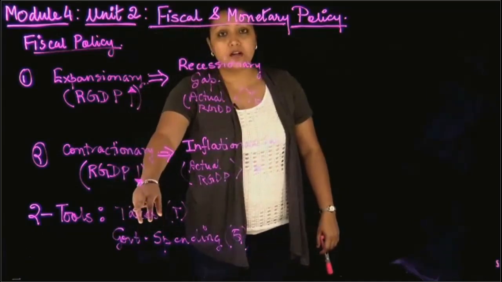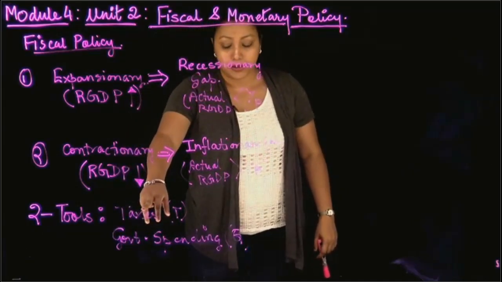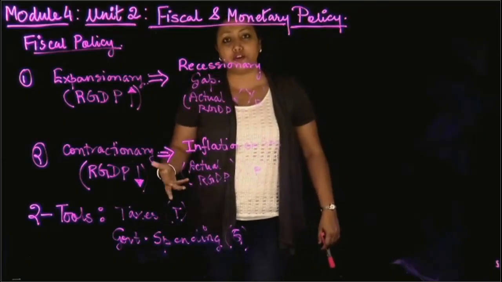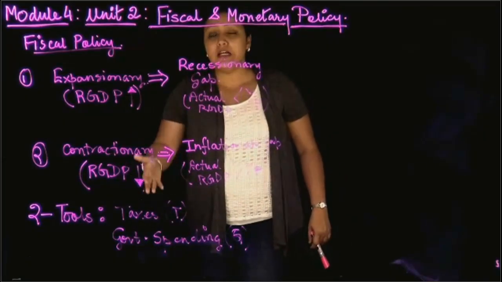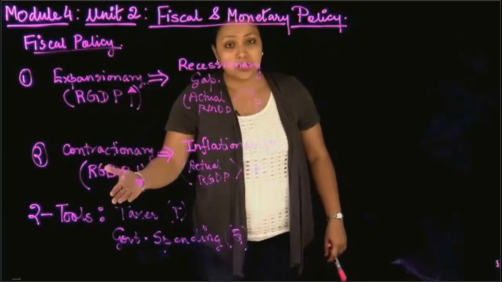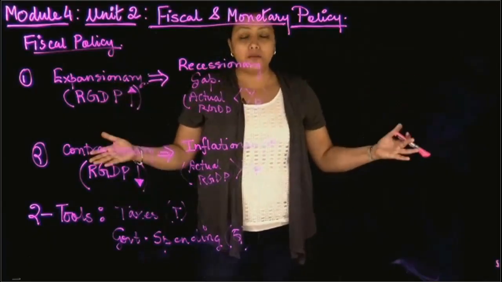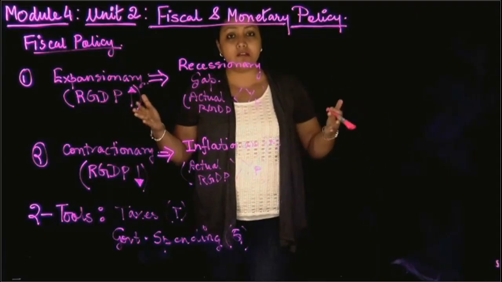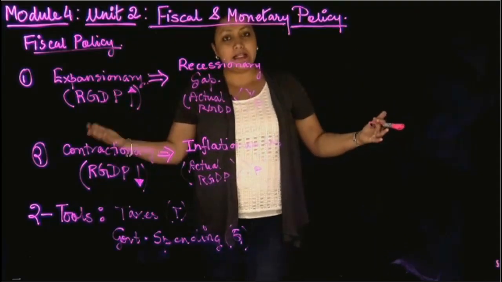The taxes are a source of earnings for the government, and the government spending is a source of expenditure for the government. So basically the fiscal policy is executed through the two arms of the government's budget, because any budget consists of a spending side and an income side.